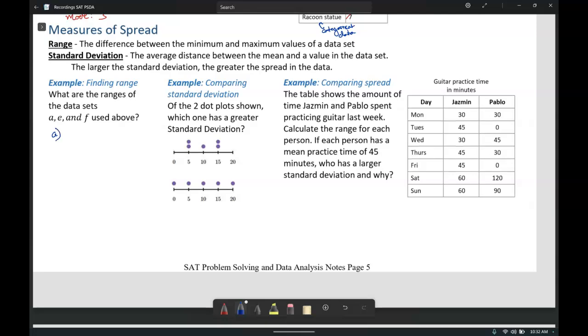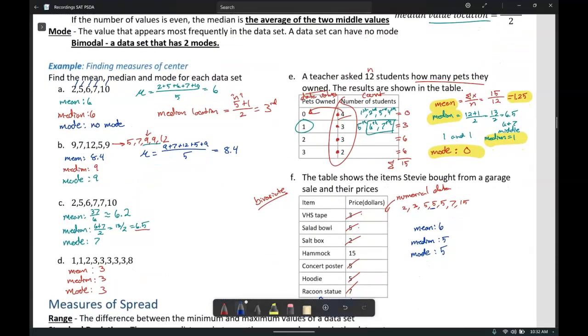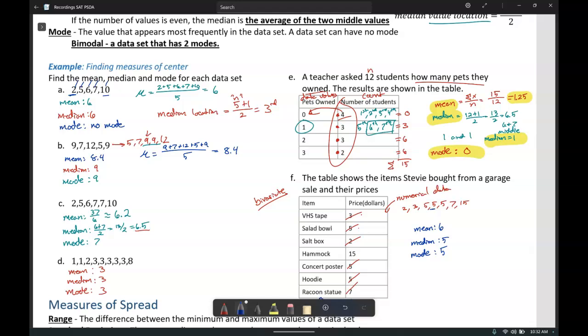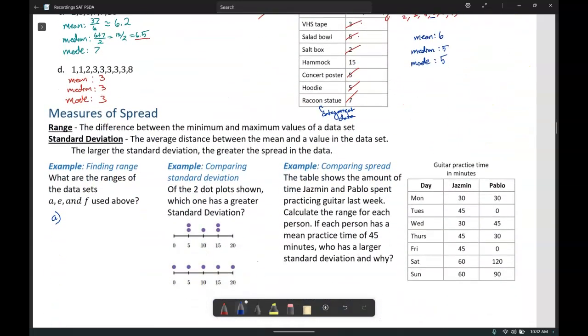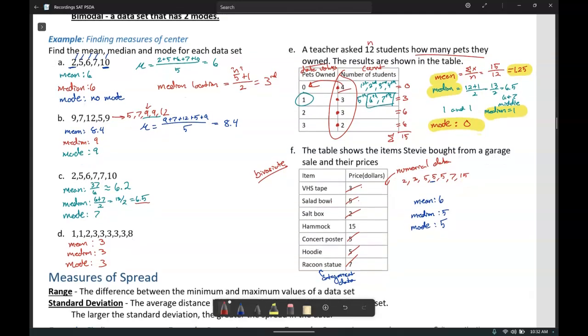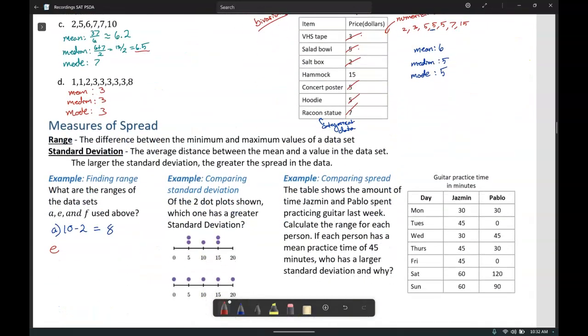For example A that we had above, A has a minimum value of 2 and a maximum value of 10, so we just subtract 10 minus 2 and we get a range of 8. For data set E, when we look above, we're looking at our actual data values. We have a minimum value of 0 and a maximum value of 3.